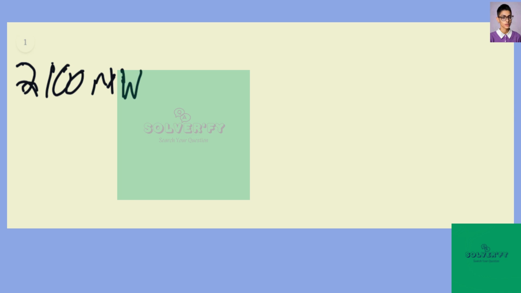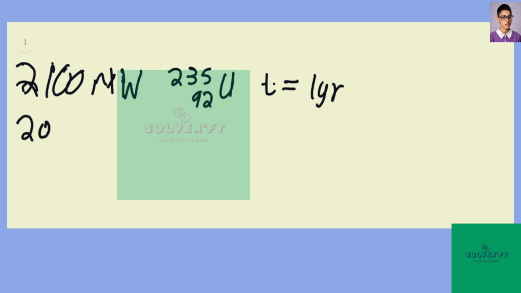Part A asks what the total mass of uranium-235 fuel would be required to operate the plant for 1 year, assuming that 200 mega electron volts is released per fission.